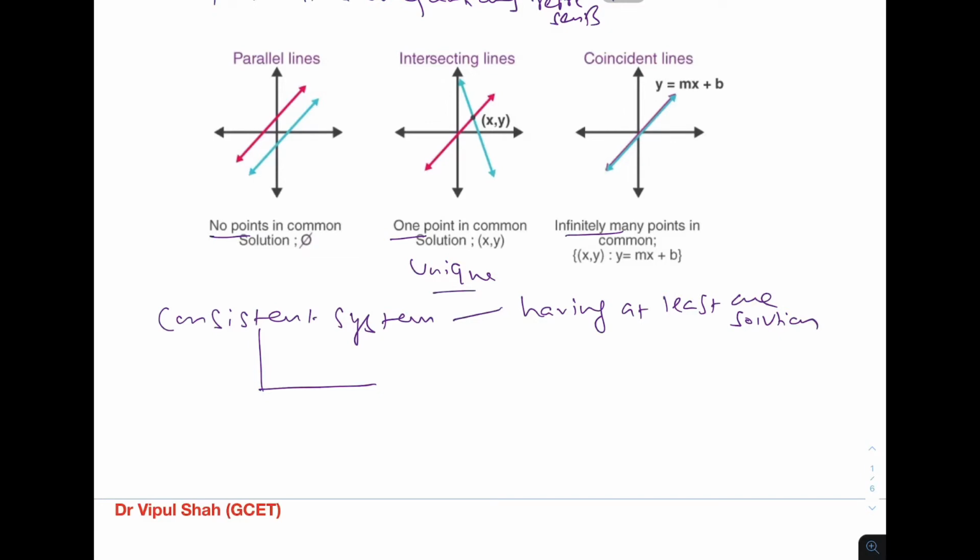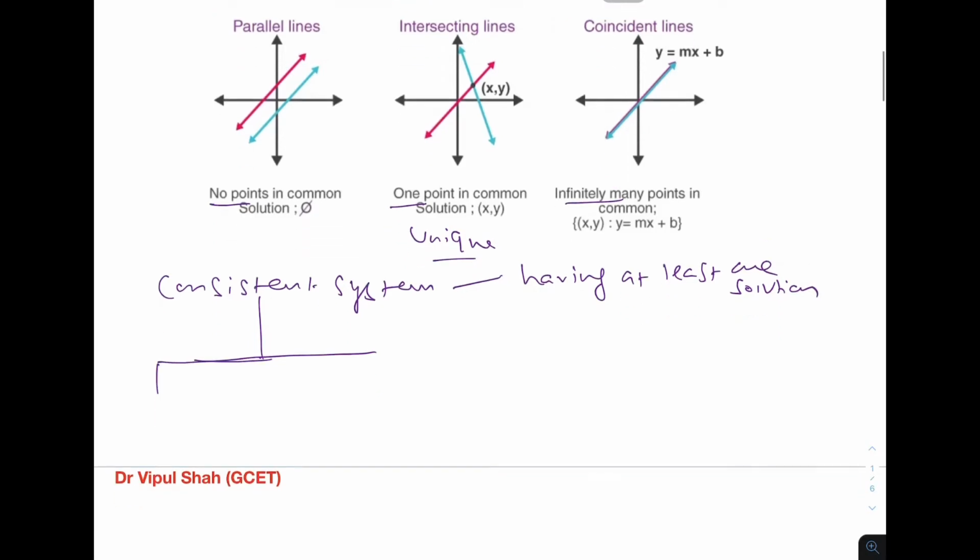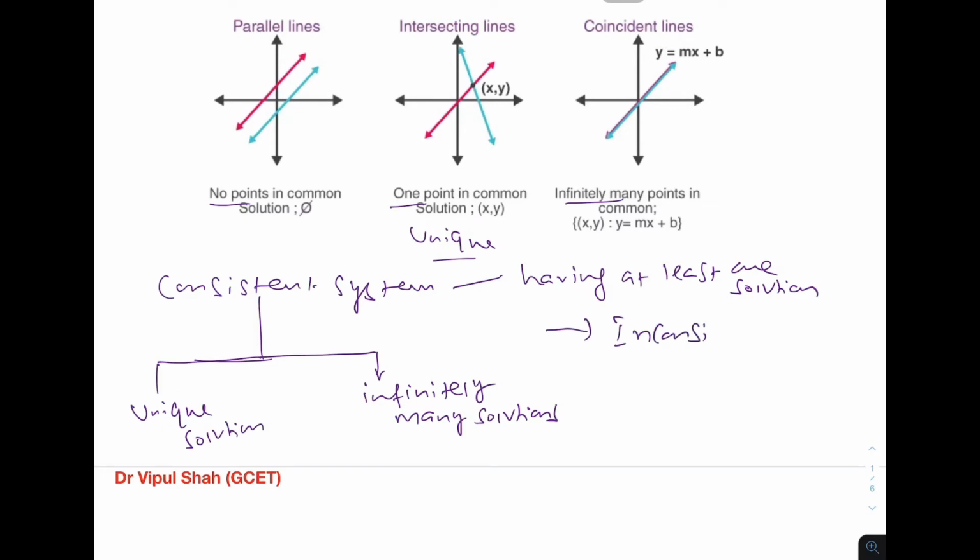In that consistent system we have two cases: either a unique solution or infinitely many solutions. And inconsistent system means having no solution.